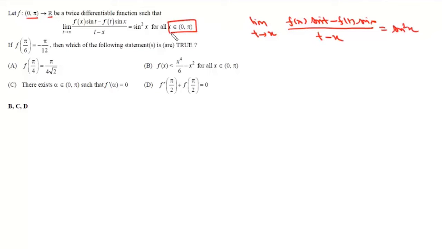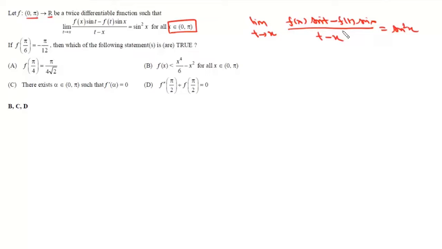Now here we are given that this function is defined from 0 to pi to R, and it is such that the limit as t tends to x of (f(x) sin t minus f(t) sin x) upon (t minus x) is equal to sin square x for all x belonging to 0 to pi.